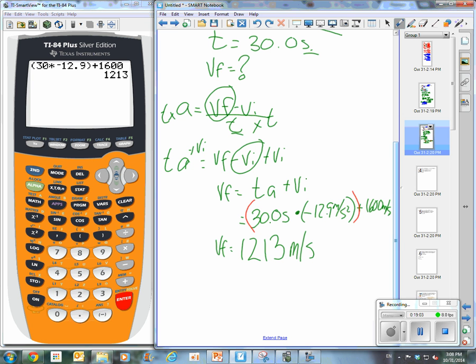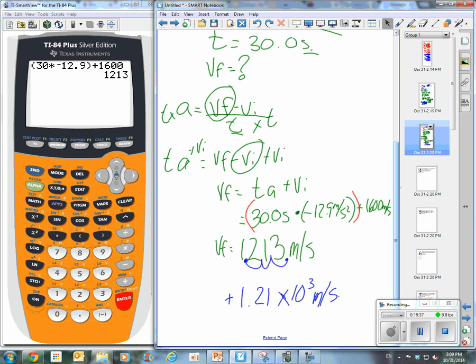I need to make a number that is between 1 and 10 that has 3 significant figures, so that would be 1.21. I have moved the decimal from its previous position to this point here, which meant I jumped it 1, 2, 3 times, so times 10 to the 3, and it is positive 3. The reason for that is because the original number is greater than 1. So meters per second, and it's in the positive direction, and I can indicate that already.